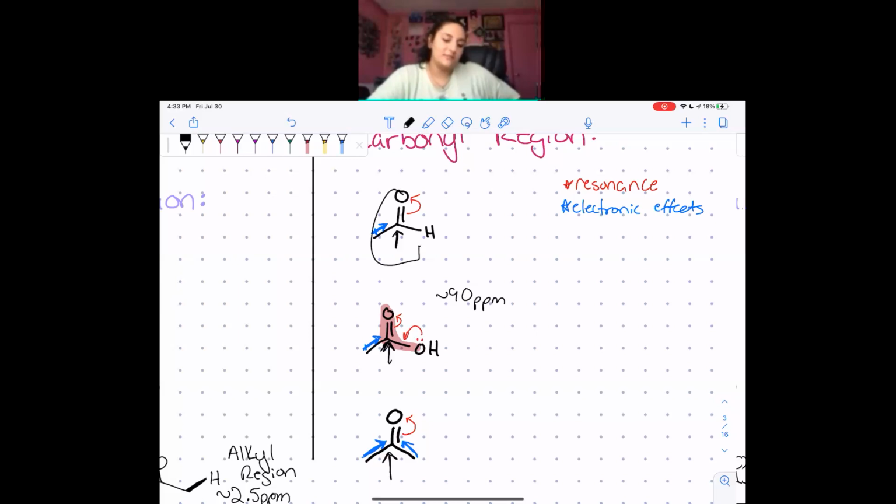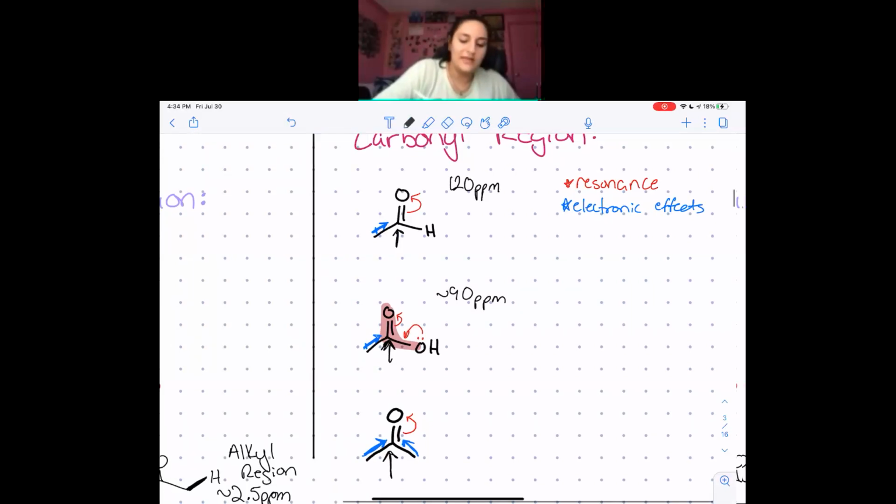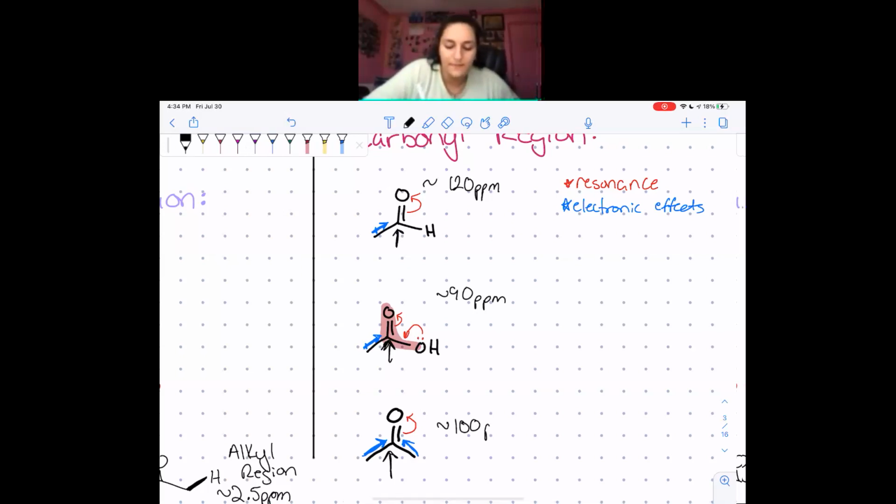Whereas this guy is getting the least amount of electron donation. So this one will be around 120. And our lovely ketone will be somewhere in the middle, so let's say 100 ppm.